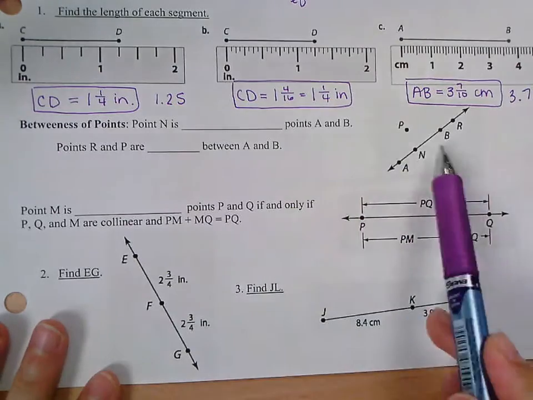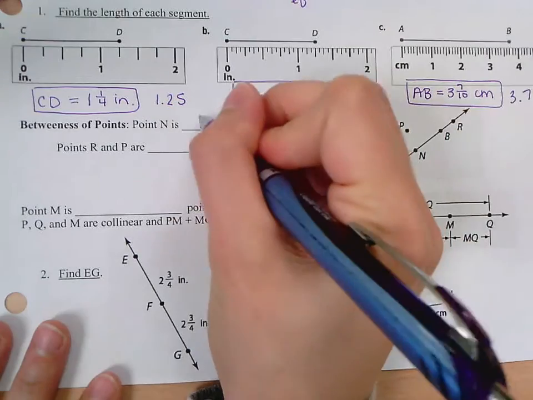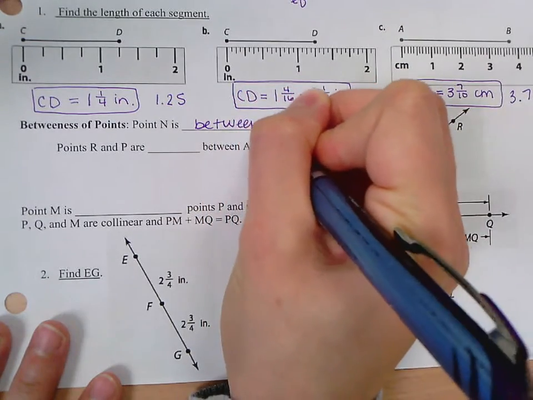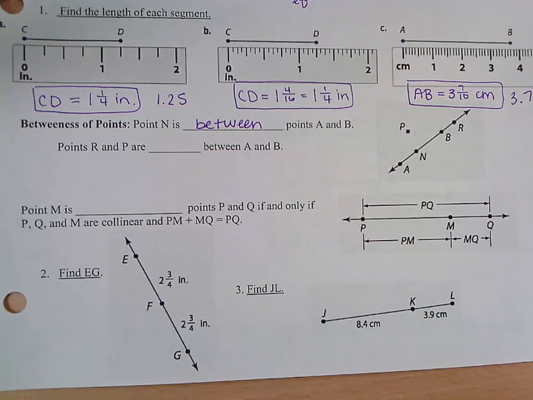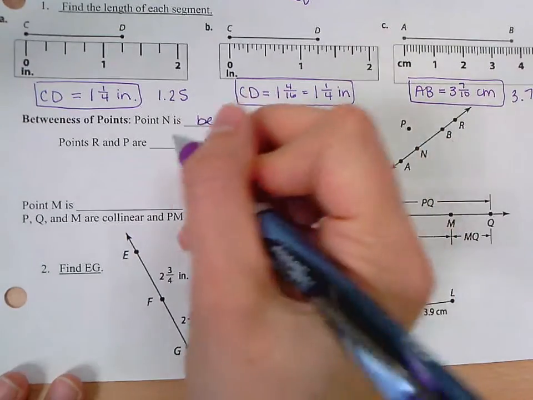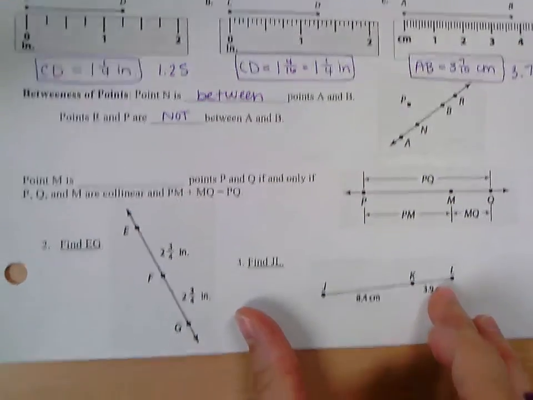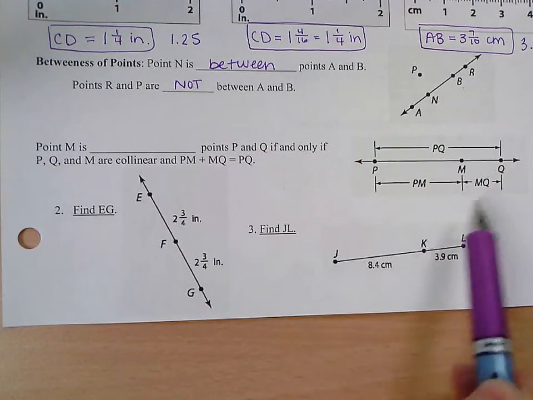So on this diagram here, we can see that point N is between points A and B. And then if you compare where points R and P are compared to A and B, points R and P are not between A and B. So it's not really a definition of what between means, but more so just understanding that idea of what it means to be in between, because then we'll use this idea to find measures of certain segments using the betweenness of points idea.